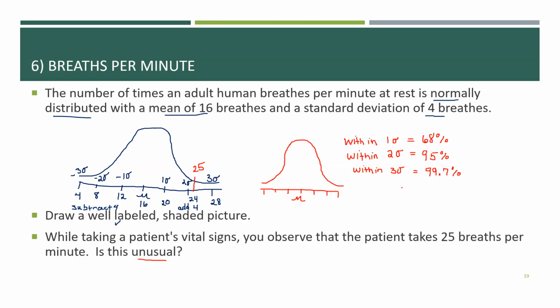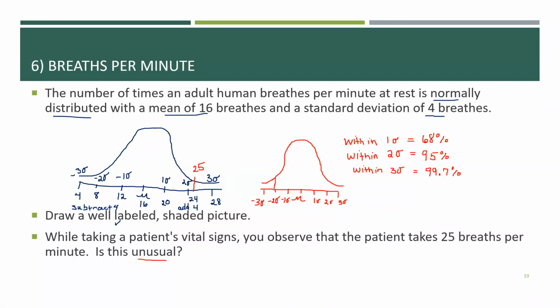So when we're looking at these, we define usual to be within 2. So anything from -2 to +2 is considered pretty ordinary or usual.